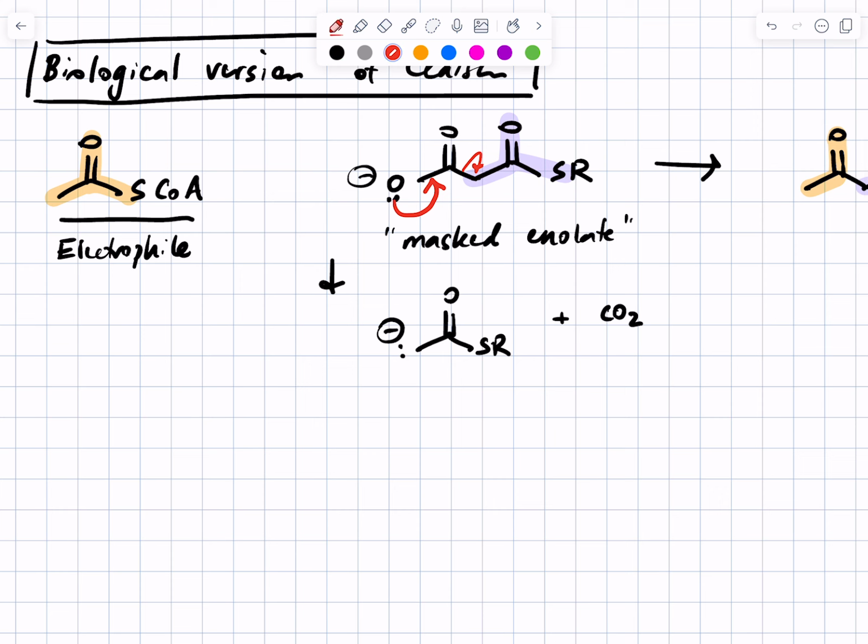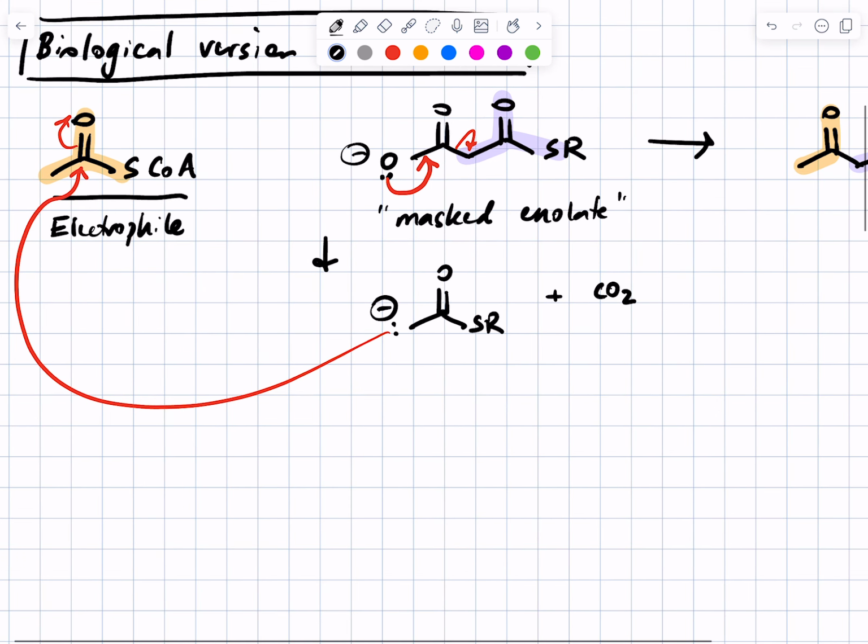Then that enolate goes and reacts with the carbonyl carbon of acetyl-CoA, and that's the step that should look like a Claisen reaction. One enolate from a thioester attacking the carbonyl carbon of another thioester. Here in red is the new bond we made. We make that bond between the carbonyl carbon of the electrophile and the alpha carbon of the enolate.